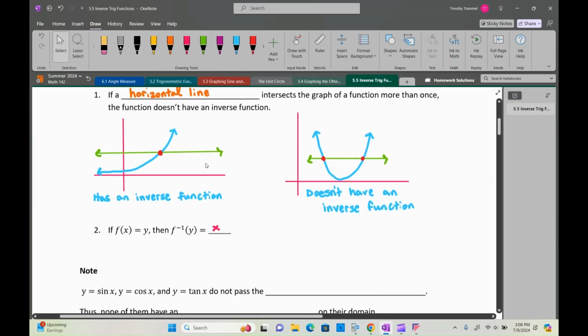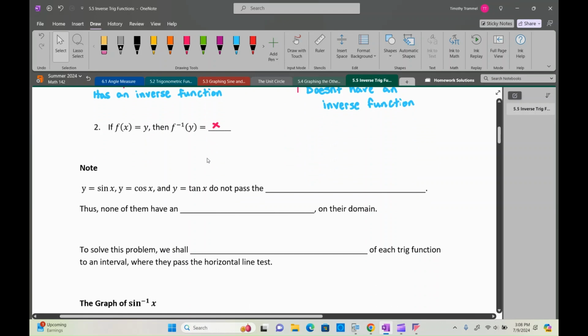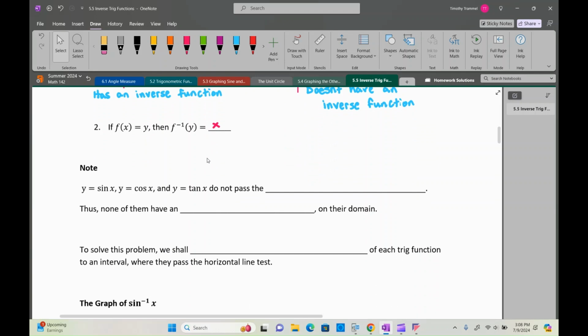Now, the reason we're talking about this is it ends up that none of our trig functions pass the horizontal line test. Because of their periodic nature, they hit the same y values over and over again. Okay. So they don't even come close to passing the horizontal line test.